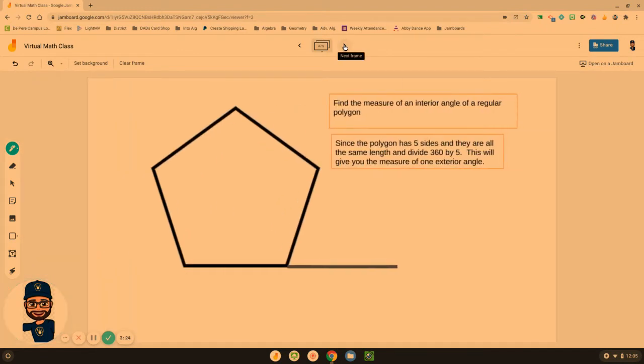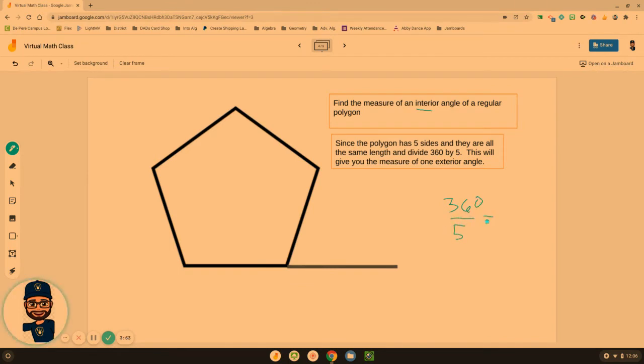So let's look at this example of a pentagon. Find the measure of an interior angle of the regular polygon. So we want to find an interior one. The most efficient way to do this, it's another way, is to recognize there's going to be 1, 2, 3, 4, 5 sides and 5 angles. So I am going to take 360 and divide that by 5.